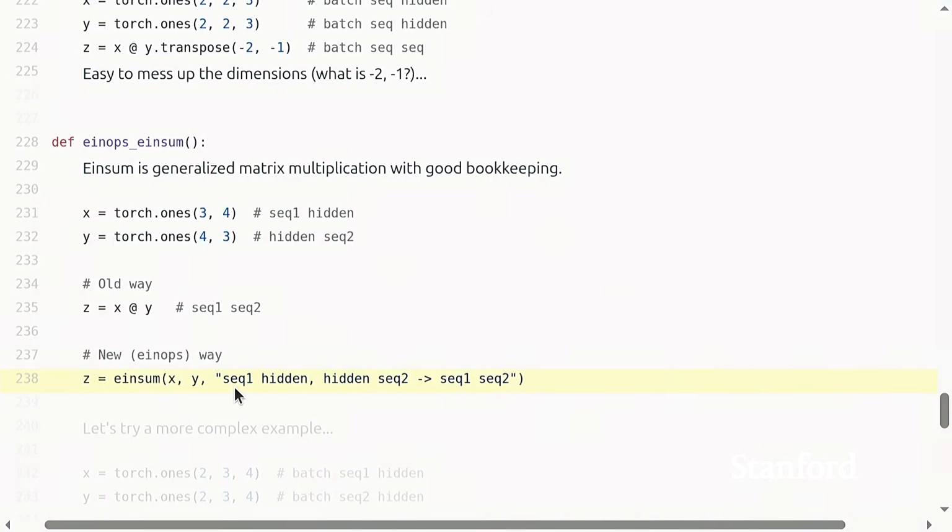Okay, so basically the row dimension of the first tensor and the column dimension of the second tensor is used to index the resulting tensor. And any variable that, like hidden, that's not mentioned is going to be summed out. Right? So I'm going to take a sum over all possible values of k here, and I'm going to add all those up, and that's going to get accumulated into the appropriate entry.